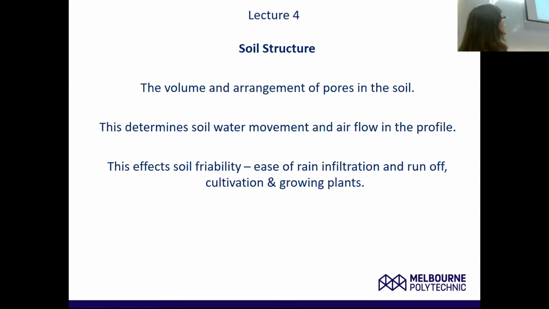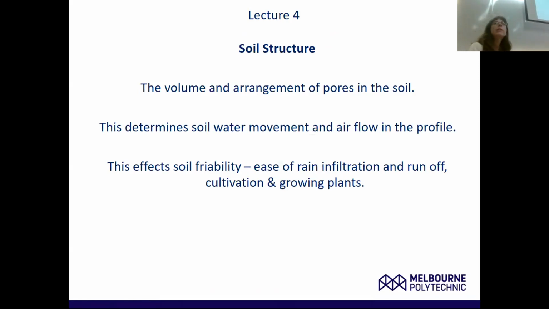This determines soil moisture movement and airflow in the profile. This affects soil friability, which is basically the word as it describes, that you say the soil's friable, which you're basically meaning it's damaged, it's no good. So the ease of rain infiltration and runoff, cultivation and growing plants are all influenced by your soil structure.